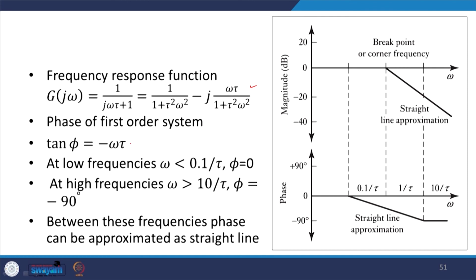If I do that, it will be minus tan inverse ωτ, and we can see that at the low frequency, that is less than 0.1 by τ, basically this value is going to be 0, and at a higher frequency, okay, this is going to be minus 90 degrees. Okay. So, this is what we are going to get, and in between, this is for high value, this is for low value, and in between we can approximate with a straight line.